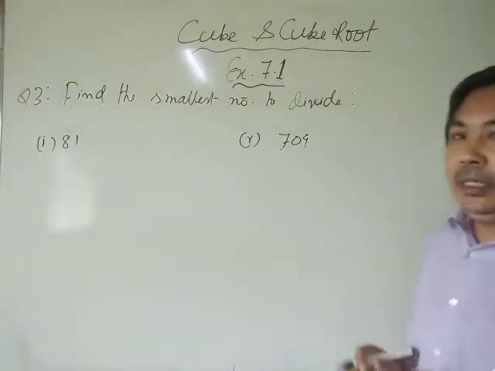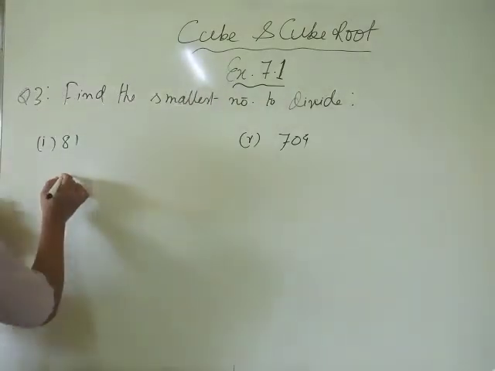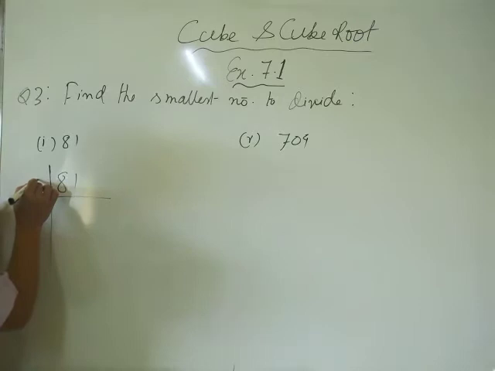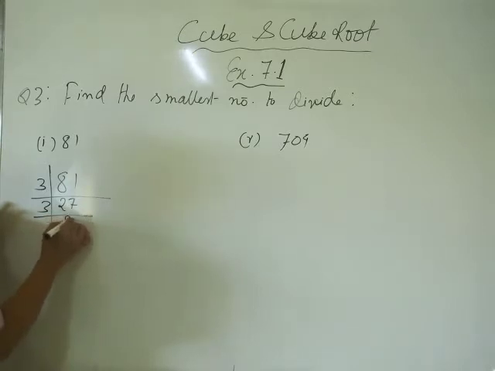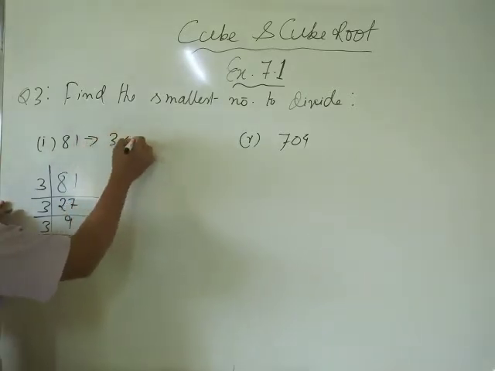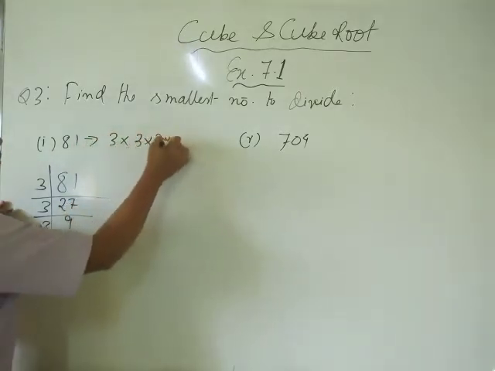Okay, so 81, let us say 81. So 81, we are going to find out the prime factors of 81. The same manner, there is 3, isn't it? 3 2 is 6, 3 7, then 3 9, and 3 1. So here we get 3 into 3 into 3 into 3.